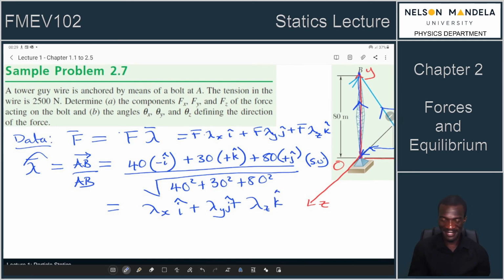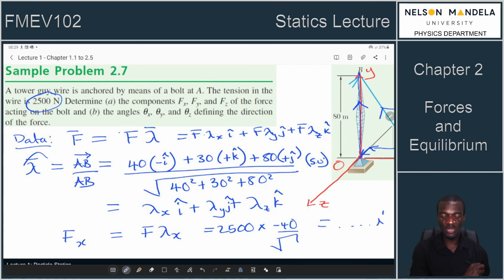Now that you have this, it's a matter of multiplying. For your Fx, it is the magnitude of F, which has been given, multiplied by lambda x. So it's 2500 multiplied by minus 40 divided by whatever you get in that square root, and then you get your numbers in newtons, and you're done.